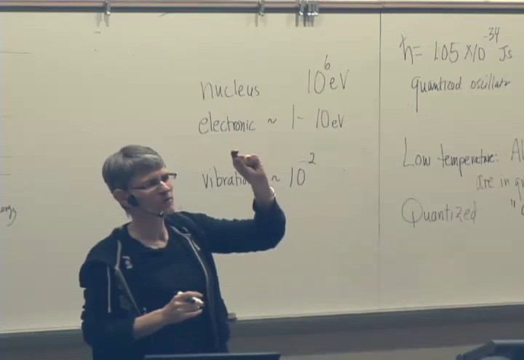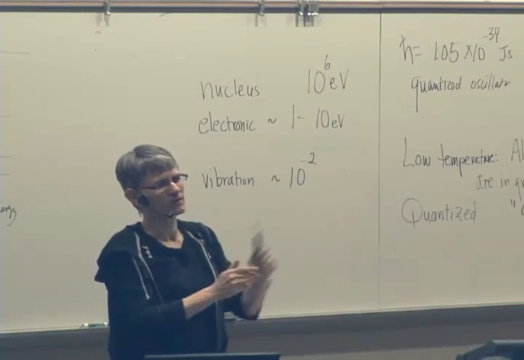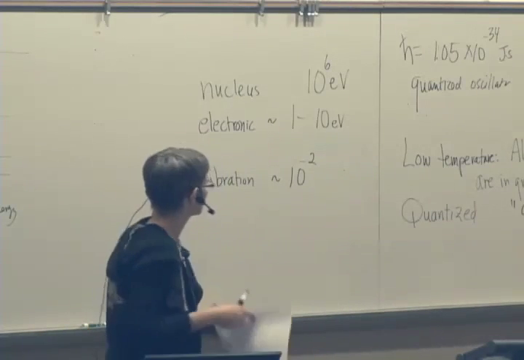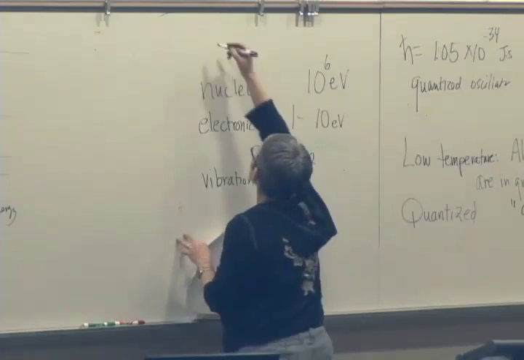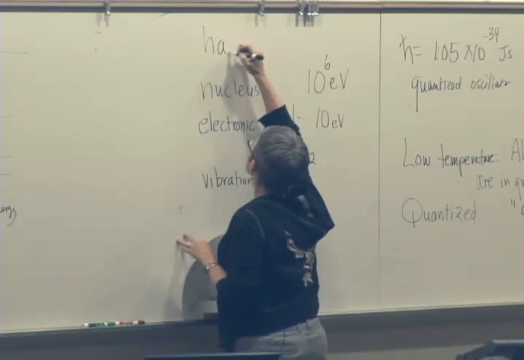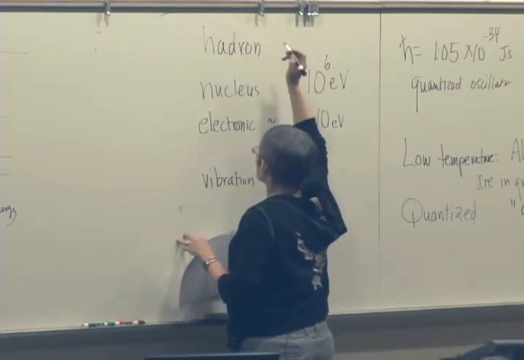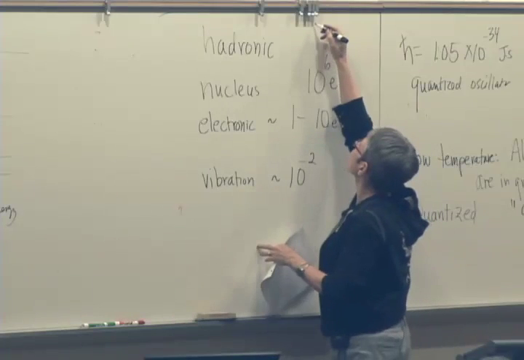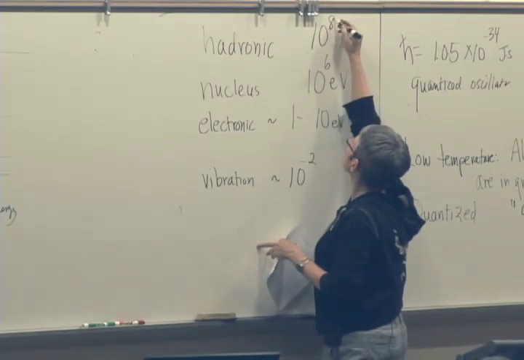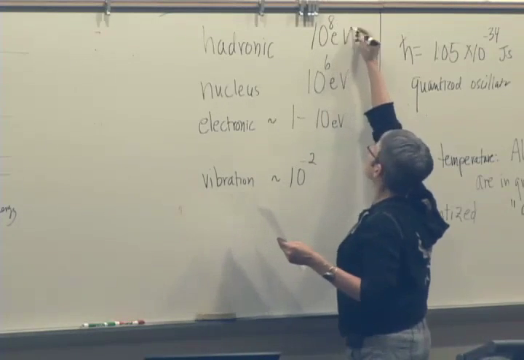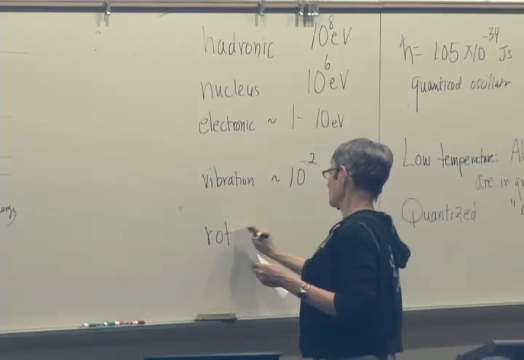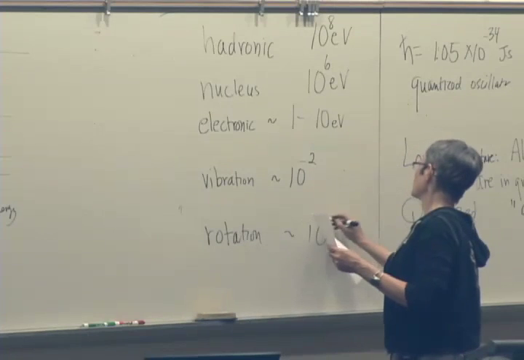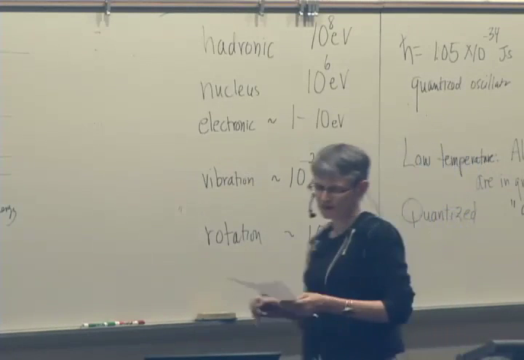And even a single particle that's made of quarks, a hadron, like a neutron or a proton or some excited states of these things, can have energy levels that correspond to different states of the quarks moving around differently, and those are very high. And just for completeness, we'll stick in rotational energies, something like 10 to the -4 eV.